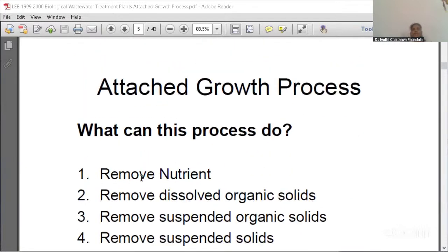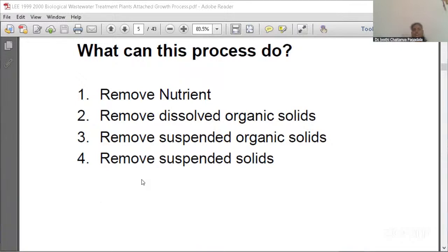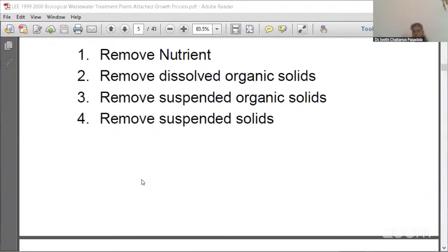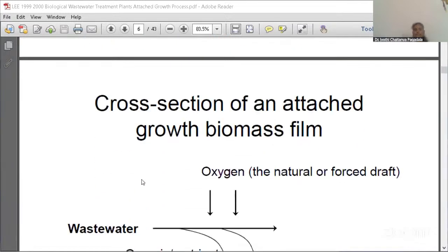Here, what does the attached growth process do? It removes the nutrients, the dissolved organic salts, the suspended organic solids and the suspended solids.